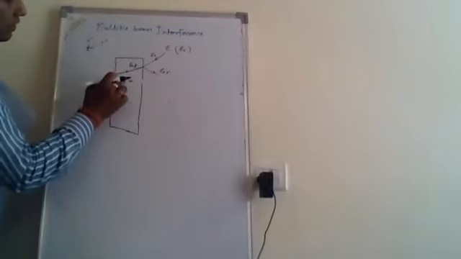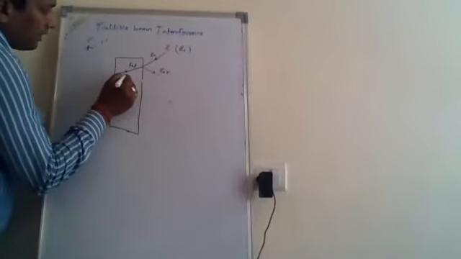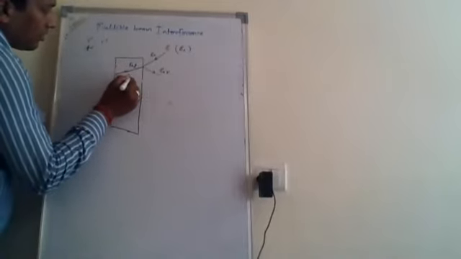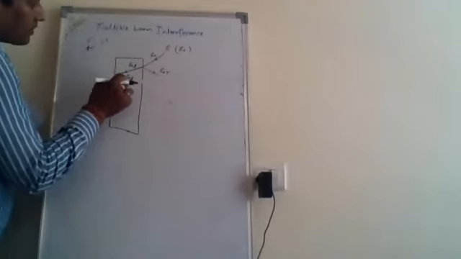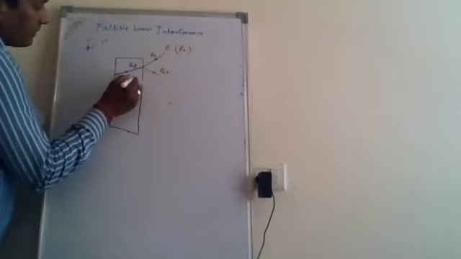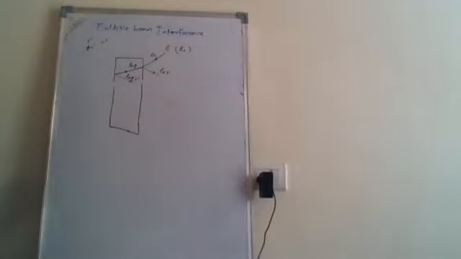So what is the amplitude of this light? The amplitude will be E naught T, since the light is coming in, and then the reflection coefficient from this surface is R prime. Now what will happen?